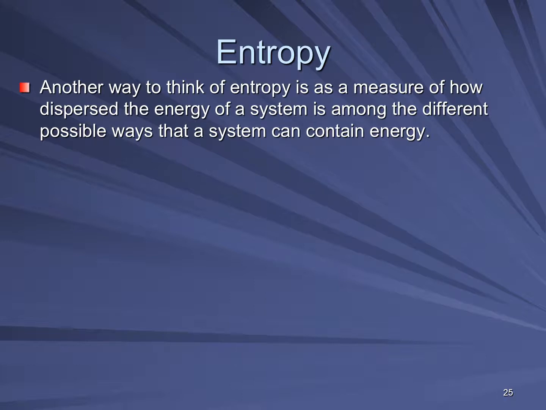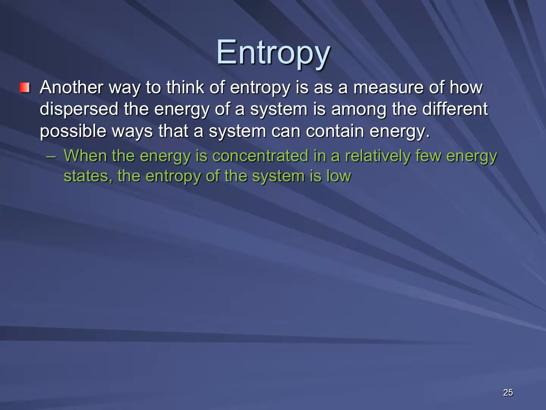So another way to think of entropy is as a measure of how dispersed the energy of a system is among the different possible ways that a system can contain energy. So that's kind of a mouthful. The term we sometimes use is degrees of freedom. The more ways that a system can have freedom, the more entropy it has.